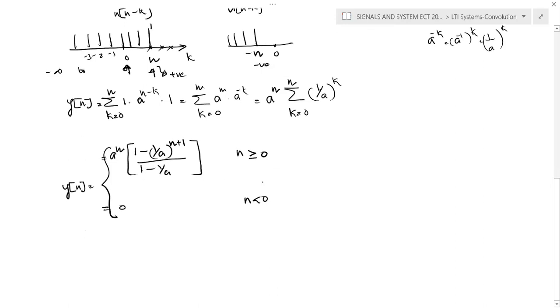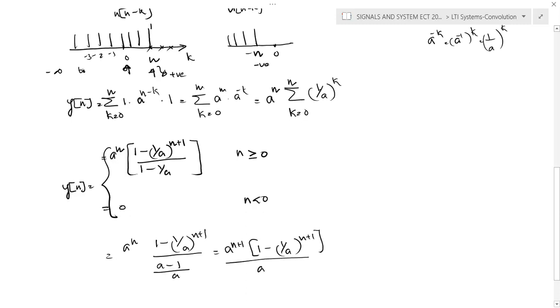This a raised to n, if you multiply, for example, the denominator, you can write 1 minus 1 by a whole raised to n plus 1 divided by a minus 1 by a, and it becomes a raised to n into a, that you can write a raised to n plus 1 into 1 minus 1 by a the whole raised to n plus 1 divided by a minus 1.